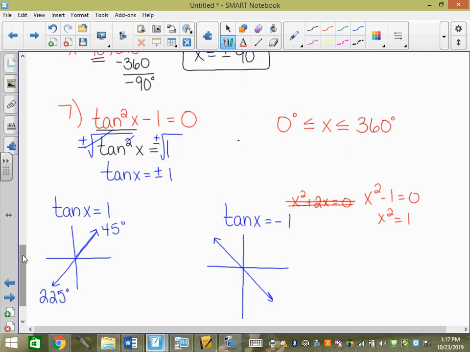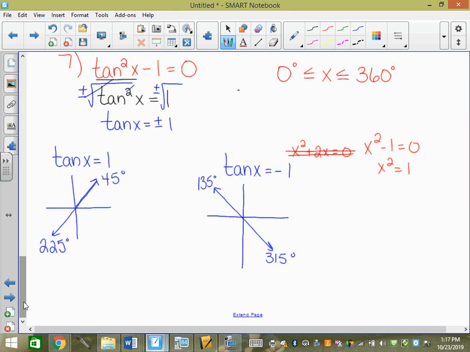So you get the negative 1. So this one's going to be at 135 and 315. My variable is x. So my answer is going to be x equals 45, 135, 225, 315.